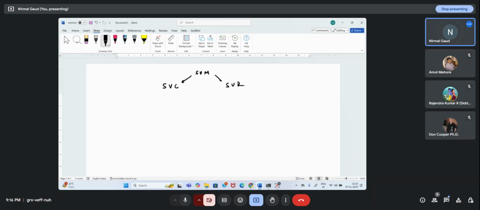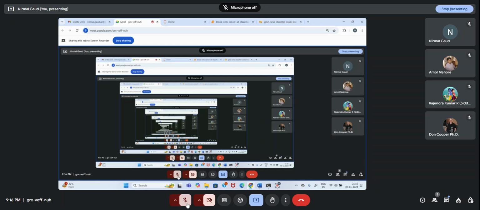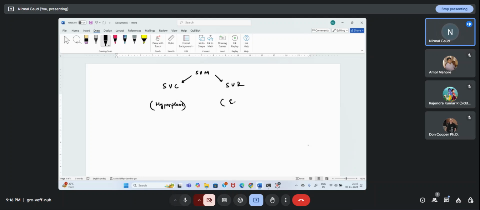Okay, fine. Here we are having a hyperplane. Here we are having it as the epsilon tube.